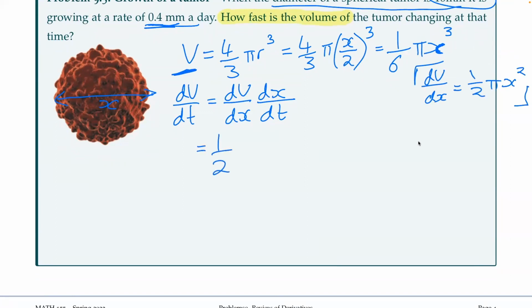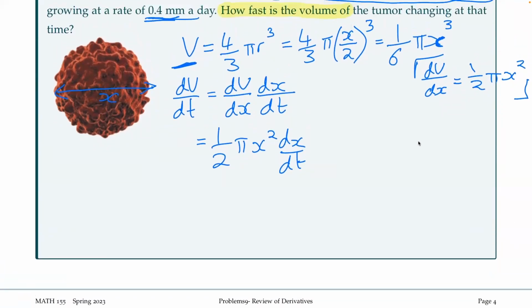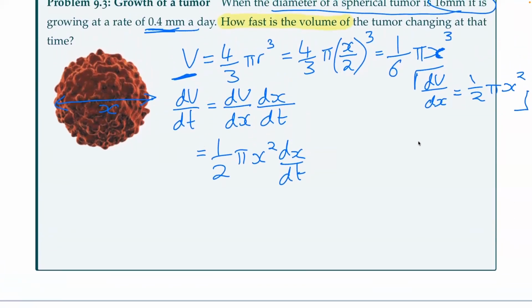So we can substitute in a half pi x squared times our dx/dt. So this is still the general formula. So that's why I've left it in this form at the moment. And we want to know how fast the volume is changing when x is 16 millimeters.